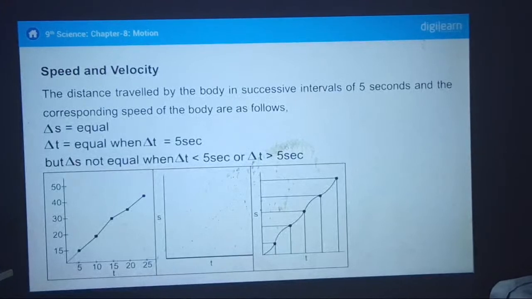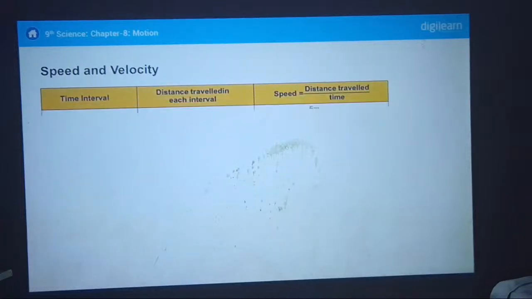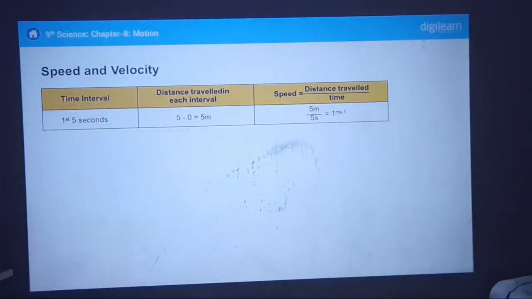Distance travelled by a body in successive intervals of 5 seconds and the corresponding speed of the body are as follows. First 5 seconds, distance travelled in the interval, 5 minus 0 is equal to 5 meters.